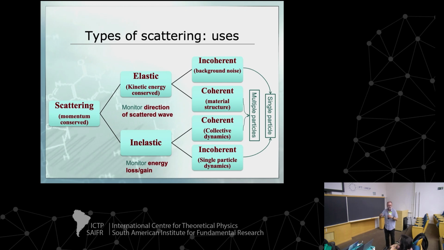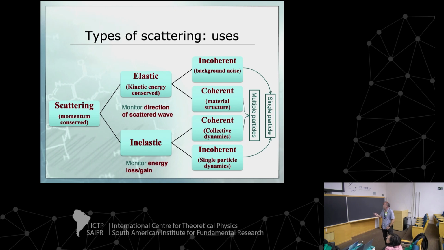You can sample all these collective phenomena with coherent inelastic scattering. And the incoherent gives you the single particle dynamics. So with using the incoherent scattering, you can actually measure diffusion constants, self-diffusion constants, right? So you see, for one thing, it's just a bad thing, and for the other thing, it's just a blessing.